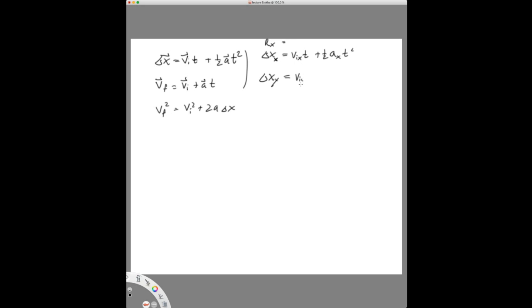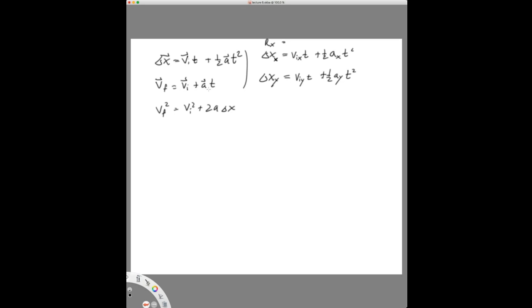And this would be the initial y component, t, plus 1/2 a y component, t squared, and so on. All of the equations work that way. We add up all of the x components of the things on the right to get the x component of the thing on the left.